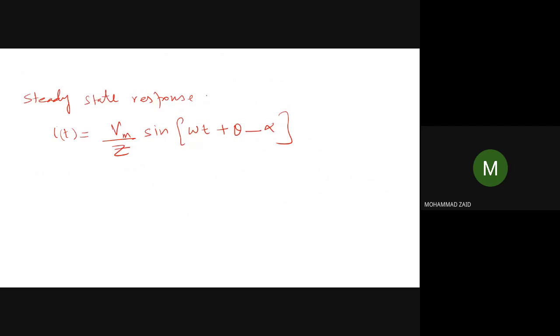Our excitation was Vm sine of omega t plus theta, where theta is the phase angle, and alpha is the angle through which the current is lagging behind the input source voltage. This is the expression you already know from your first year classes.